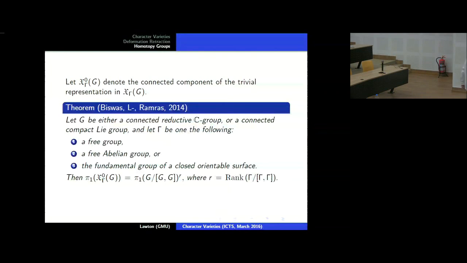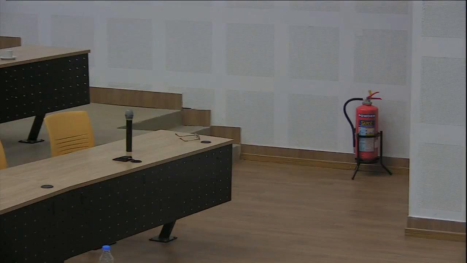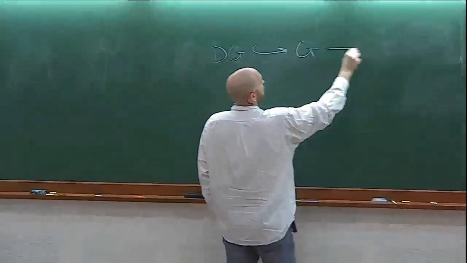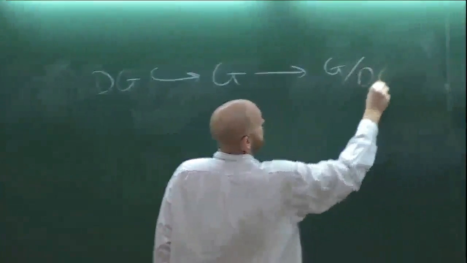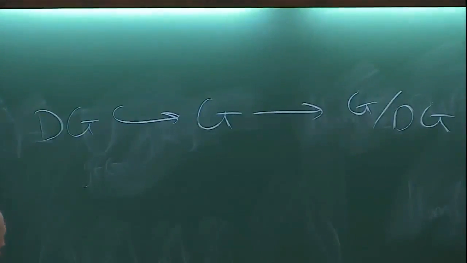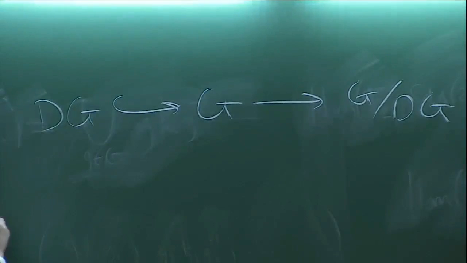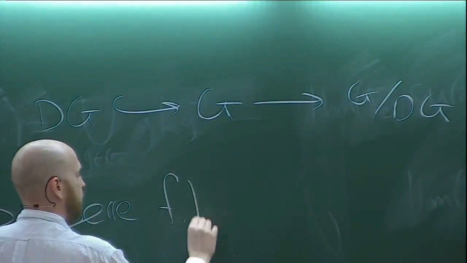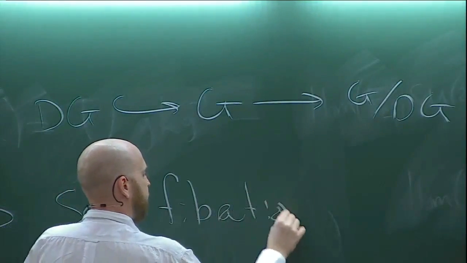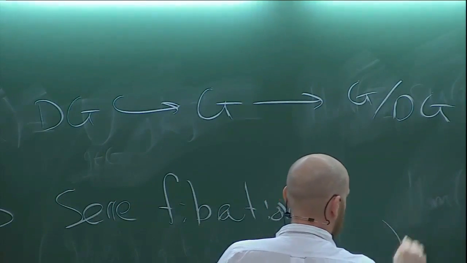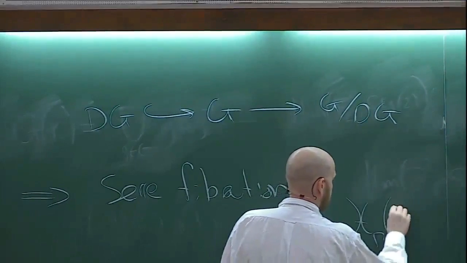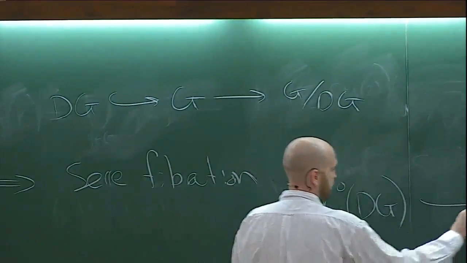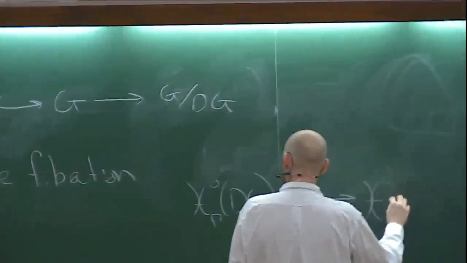In particular, we show that if gamma is exponent canceling, the natural map from dG in G to G mod dG descends to a Serre fibration on moduli spaces for any exponent canceling gamma. It actually also works with the identity component.